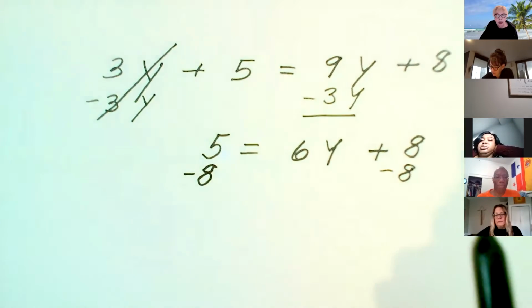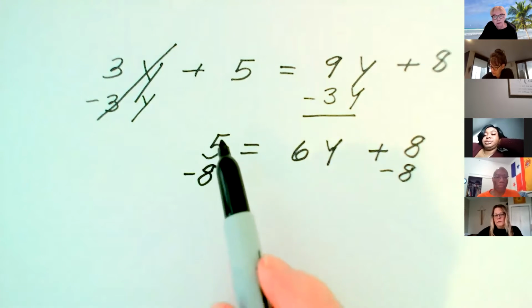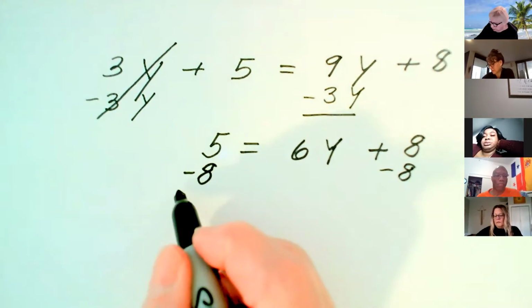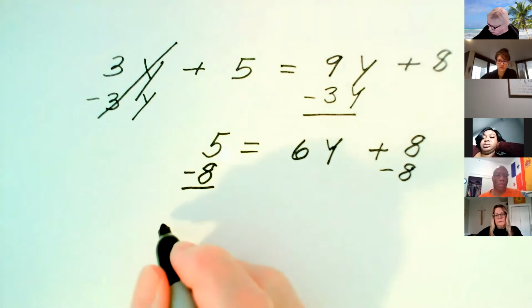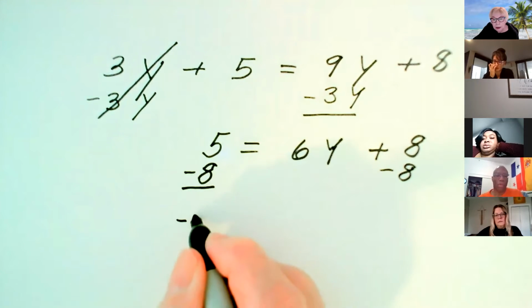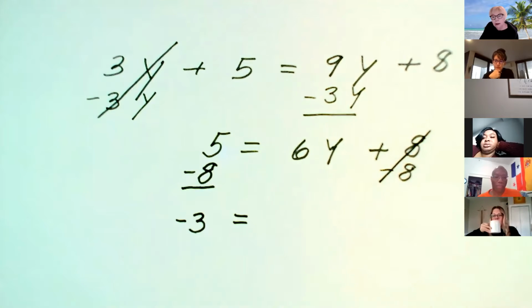And I make sure I say that. On this side, the left side, 5 take away 8. We're in the negative zone here. And -3. On this side, we had removed that, and so you can get rid of it if you want to. I don't know if you want to cross things out, but I kind of like it.